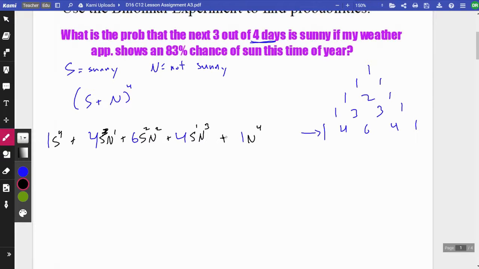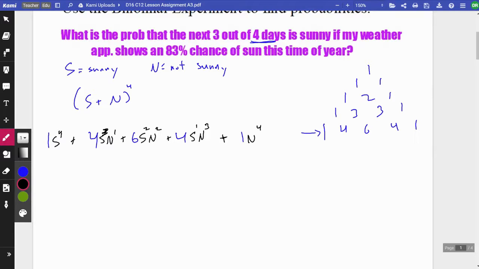The difference here is that now we actually have a probability of sun. So in any of these days, you have an 83% chance of sun occurring, of it being sunny. So 3 out of the next 4 days being sunny.